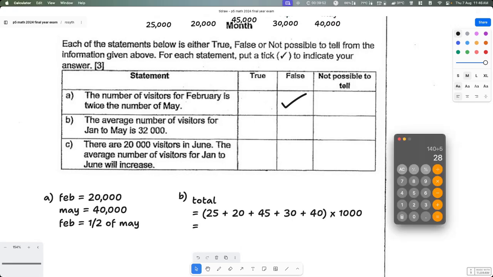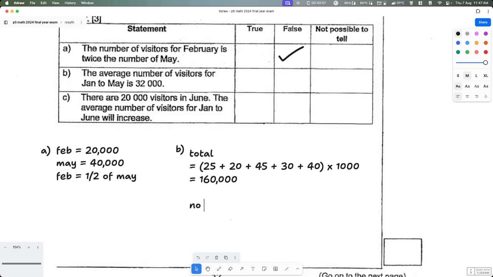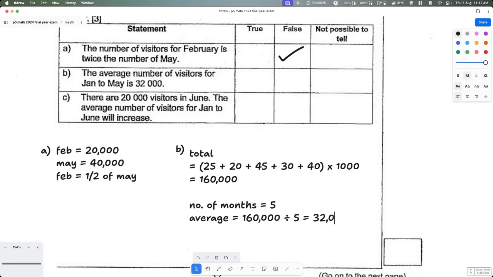Let's use our calculator: 25 plus 20 plus 45 plus 30 plus 40, 160,000 in this case. Okay, and then the number of months is equal to 5, so average is equal to 160,000 divided by 5. 160 divided by 5 will be 32,000. Okay, great, so that means this is true.